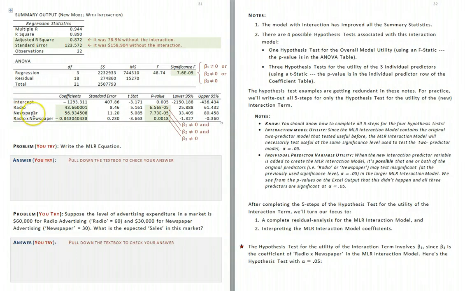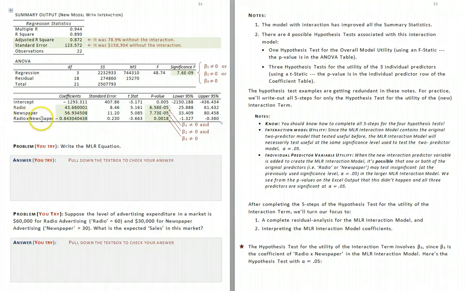For the newspaper advertising expense variable, this p-value is also very small, indicating that the coefficient of newspaper advertising expense in the true multiple linear regression model is different from zero, indicating in turn that newspaper advertising expense is a useful predictor in the multiple linear regression model.